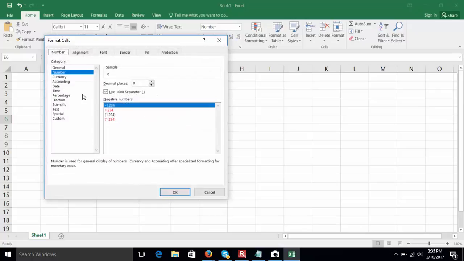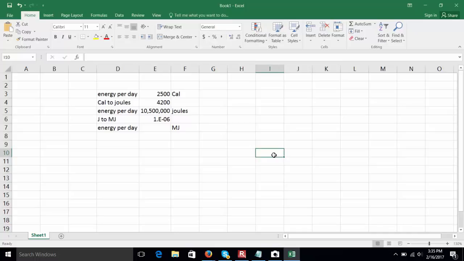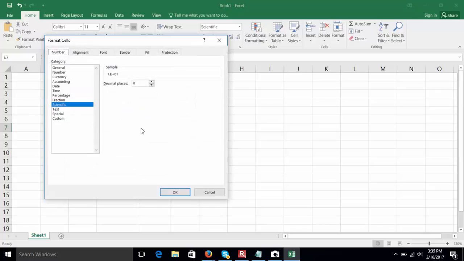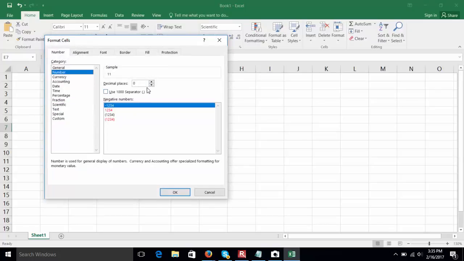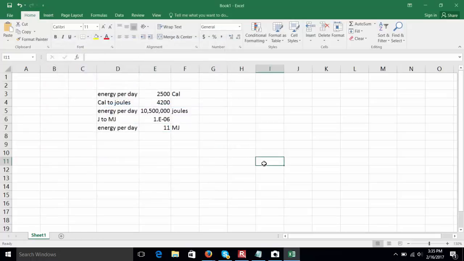Control 1, let's put that in scientific notation, because there are 1,000,000 joules in a megajoule. So equals energy per day in joules times megajoules. And we'll change that back to just regular numbers. We'll go with 11. So 11 megajoules per person per day.